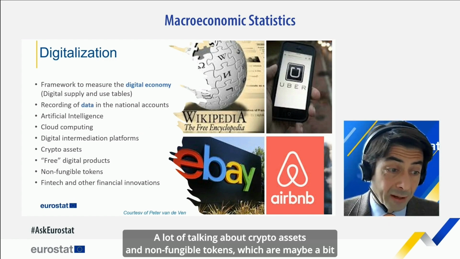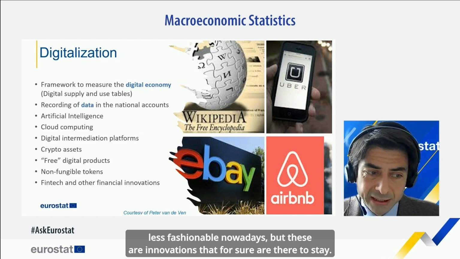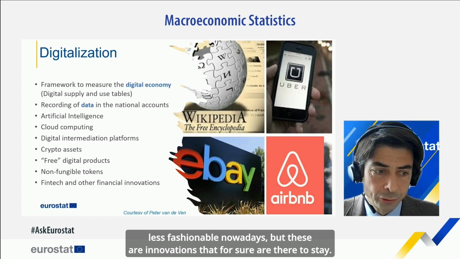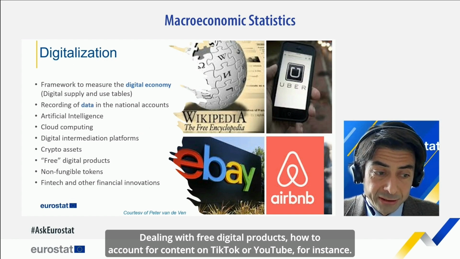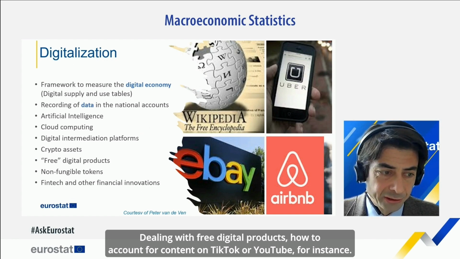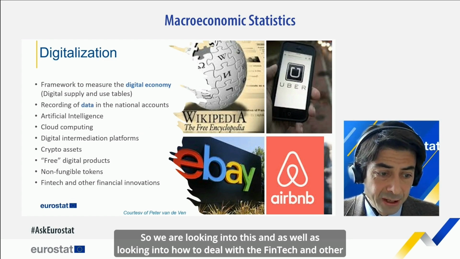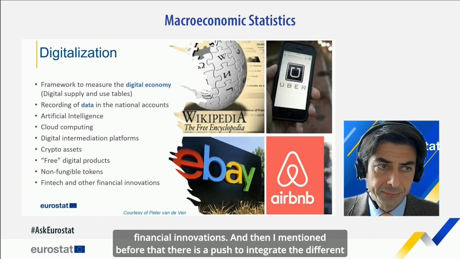A lot of talking about crypto assets and non-fungible tokens, which are maybe a bit less fashionable nowadays, but these are innovations that for sure are there to stay. Dealing with free digital products, how to account for content on TikTok or YouTube, for instance. So we are looking into this, as well as looking into how to deal with fintech and other financial innovations.